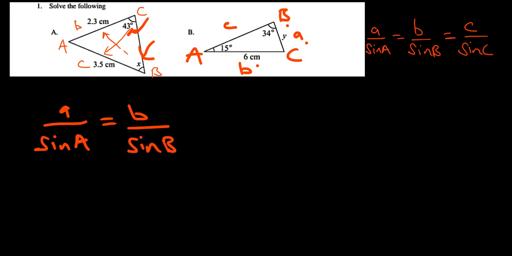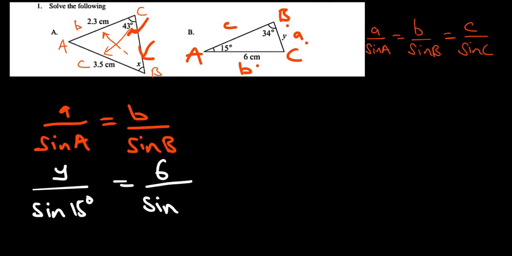Let's replace now with the actual values. What's the value of a? Where the a is, that's where the y is. So that will be y divided by sine 15 degrees, equals 6 divided by sine 34. What do we do from here? We cross multiply.